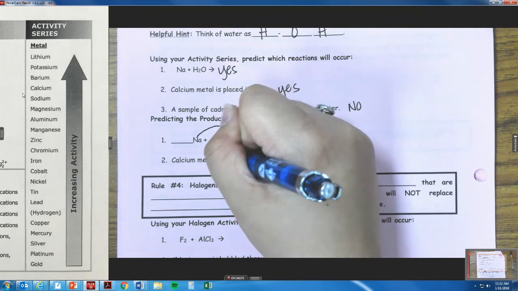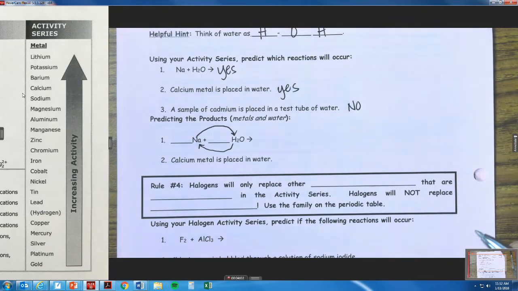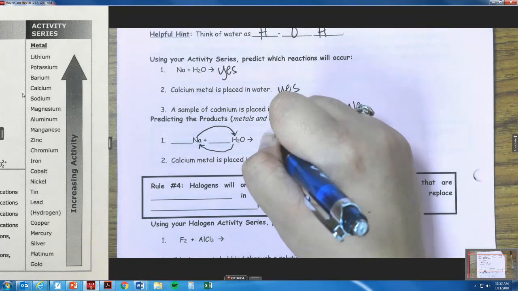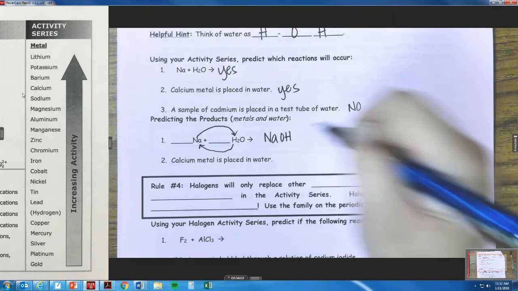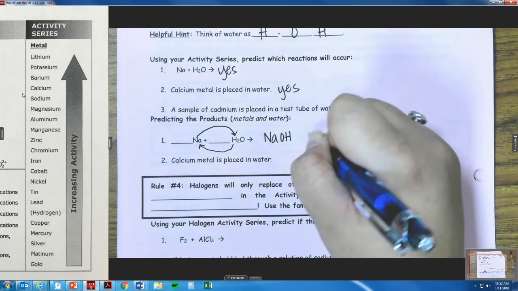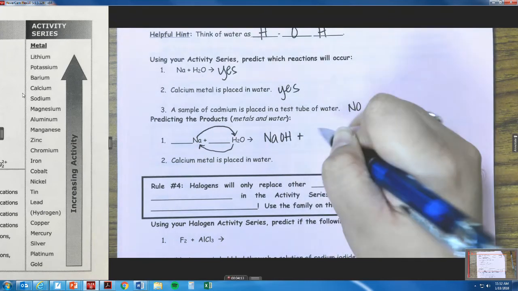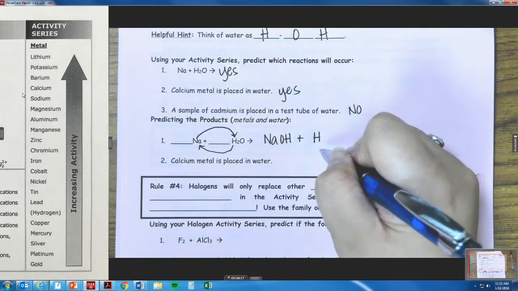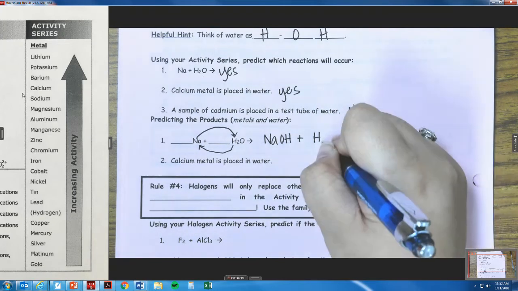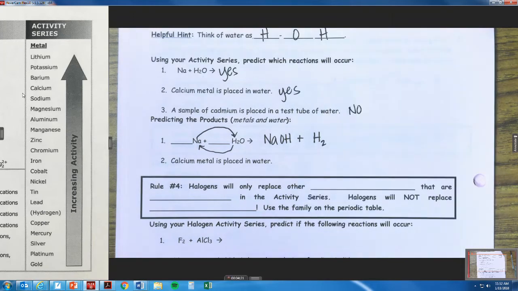Okay, so sodium and hydrogen are going to switch places. So that's going to leave me with NaOH. Okay, and then remember, hydrogen is now going to be the one that's all by itself, but because hydrogen is a diatomic, it's going to need a subscript of 2.